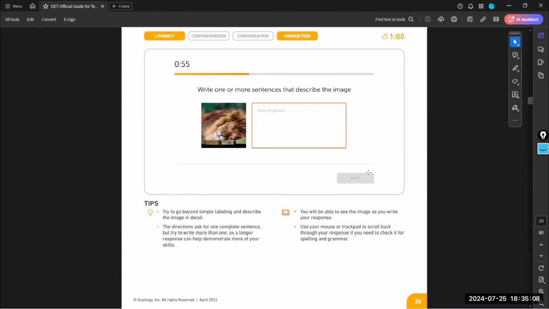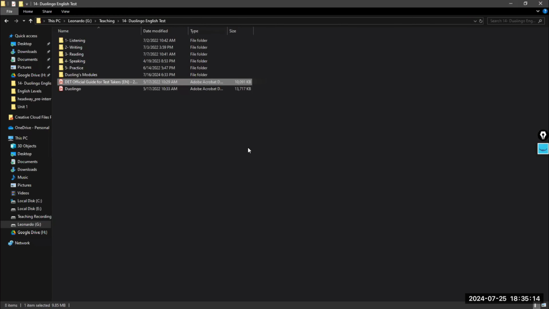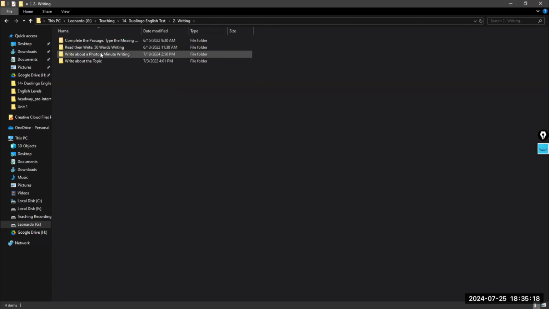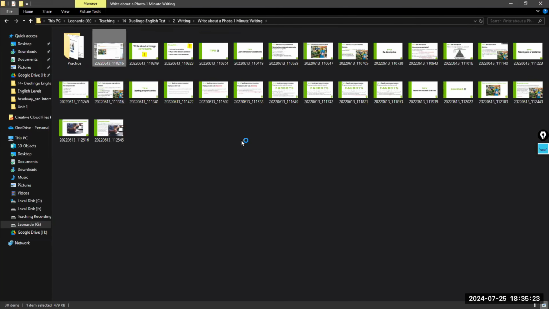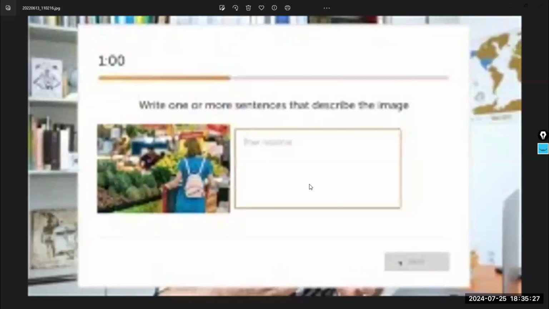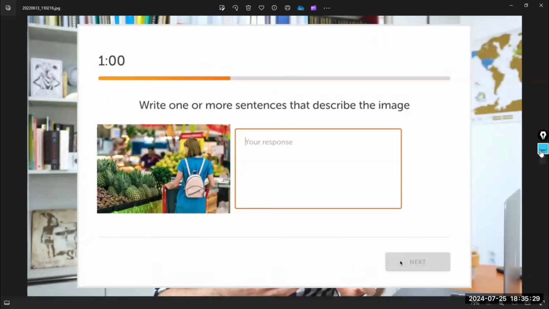Now let me show you the most important tips and strategies you need to know to write the best description for this module. So this is it, write about the photo, and we have only 1 minute to describe the image. As I told you, this is an example of describing the image.